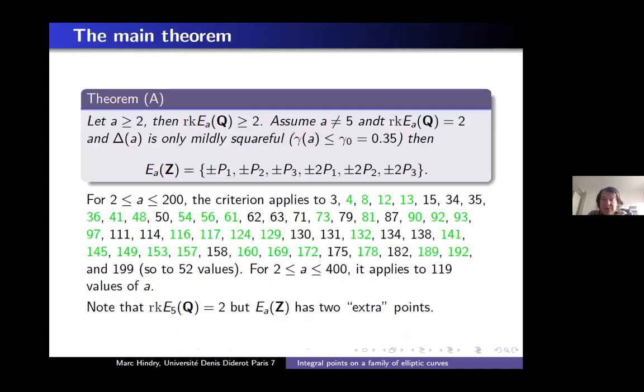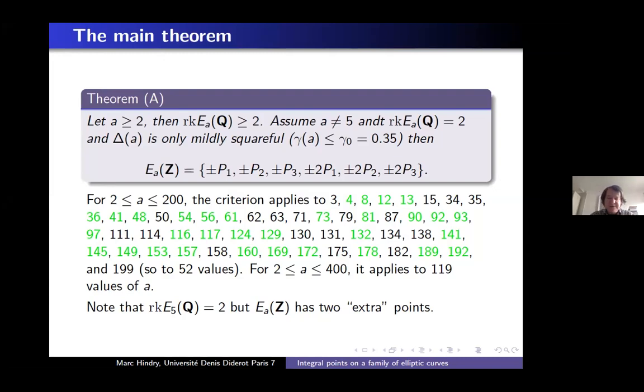Now I come to the main theorem. I come back to the initial problem: trying to find all the integral points on these elliptic curves. So the theorem says, we've already seen that for A at least 2, the rank of the elliptic curve is always at least 2. Now what the theorem says is that you have an exception, A equals 5. And if the rank is equal to 2, and I will explain on the next slide what mildly square 4 means. It means this gamma A is not too large.